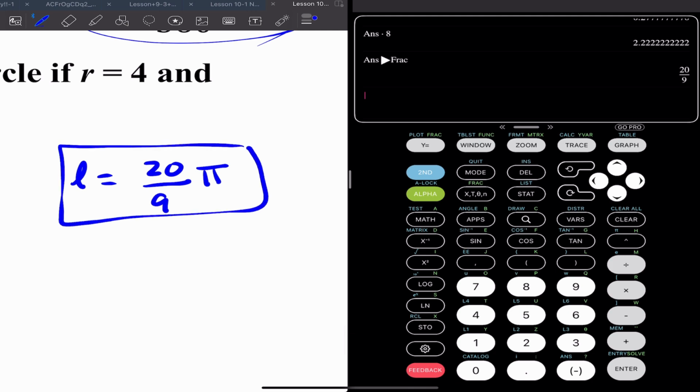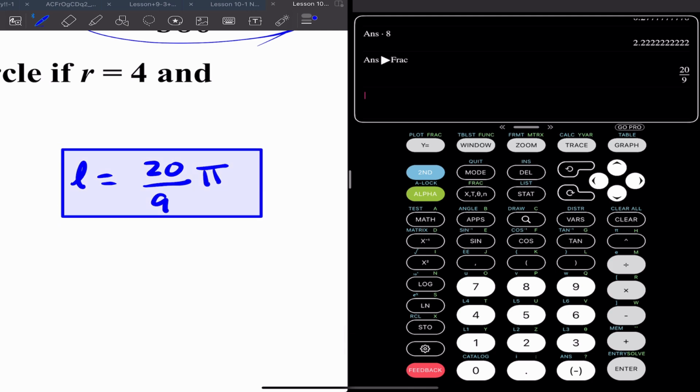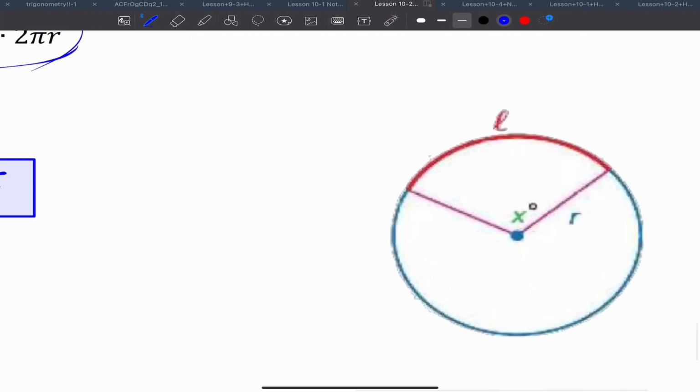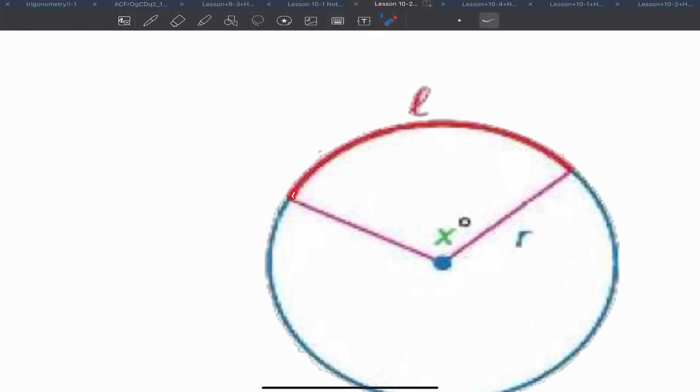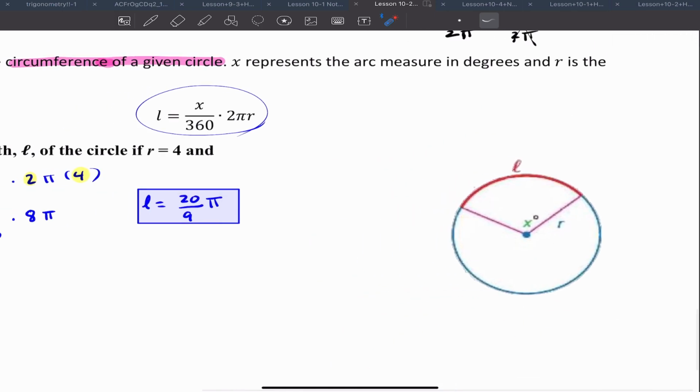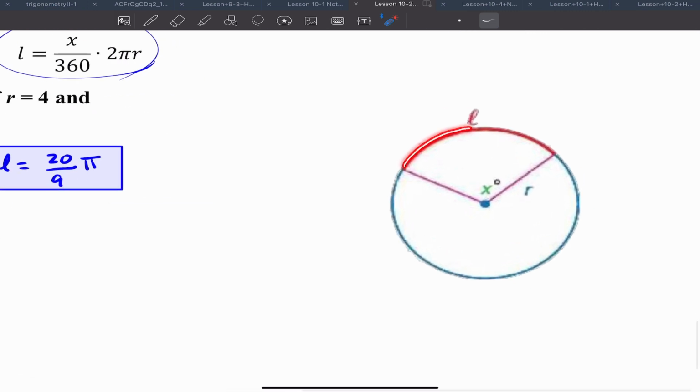And this is exact enough, therefore that's my answer. So that means that this here is 20 over 9 pi units long. And it's not going to be using degrees, right? Because the arc measurement is 100 degrees, but the arc length, the crust here, is this many units long.